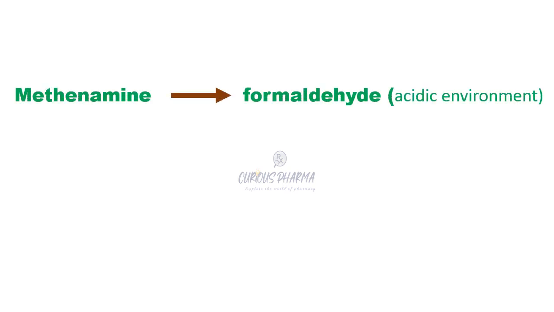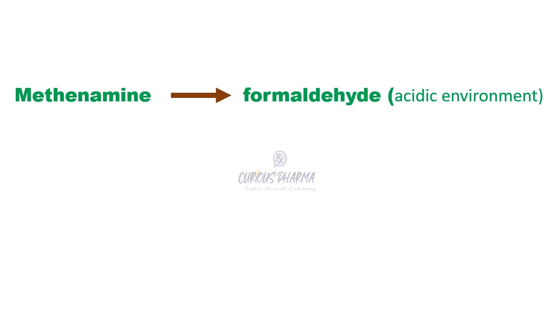And we can see methenamine. Methenamine is a urinary tract antiseptic drug that is commonly used to prevent urinary infections. Methenamine is a prodrug, which means it is converted to its active form. It becomes formaldehyde in the acidic environment of the urinary tract.